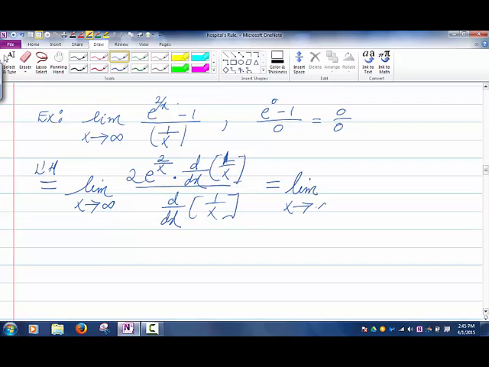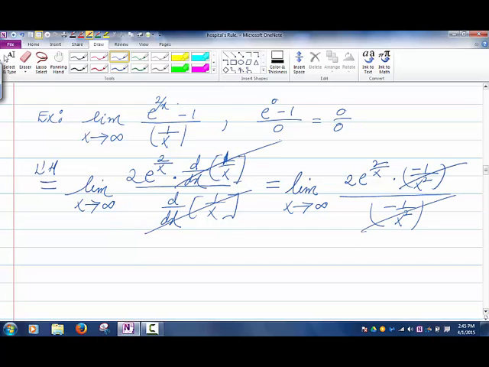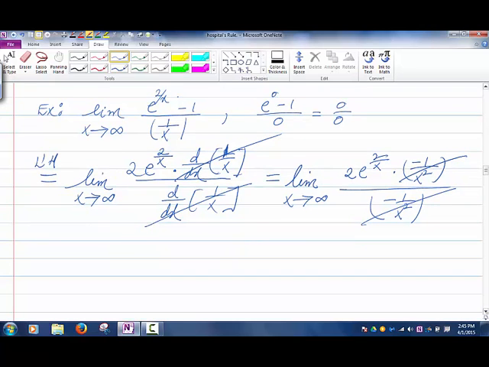They cancel out, right? So I get 2 e to the 2 over x times the derivative of 1 over x, which is negative 1 over x squared. Negative 1 over x squared for the derivative of 1 over x. They cancel out. I could have canceled them out right here. So then, what am I getting?